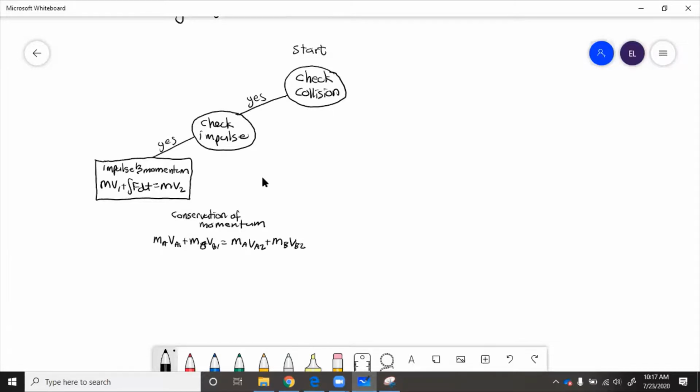And then the other equation we have is the coefficient of restitution. e equals negative (va2 minus vb2) over (va1 minus vb1).